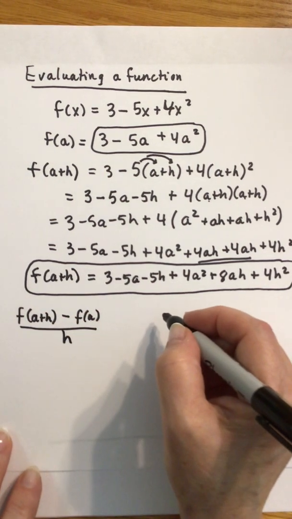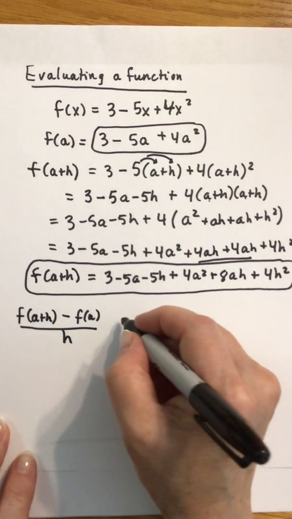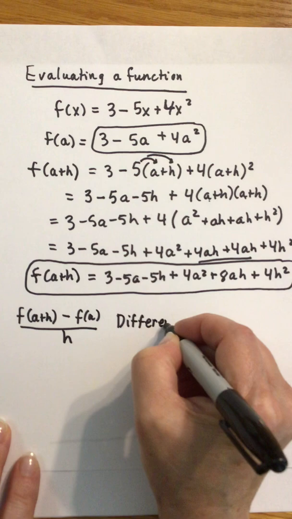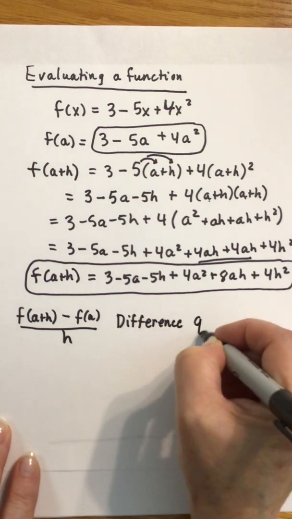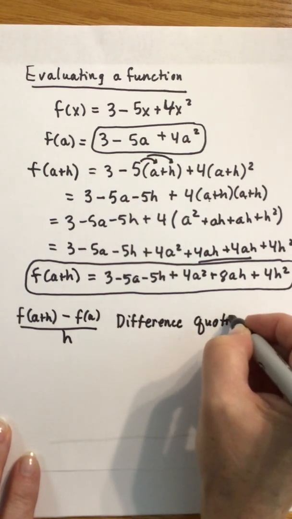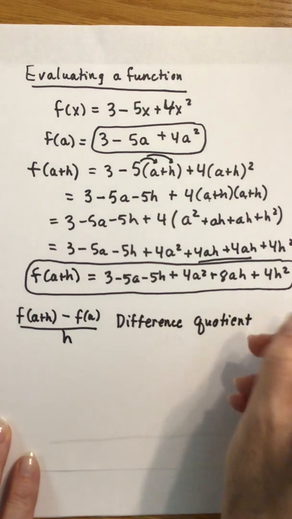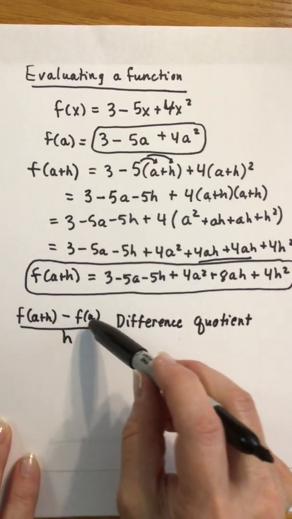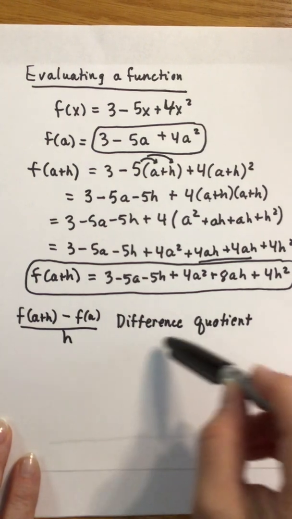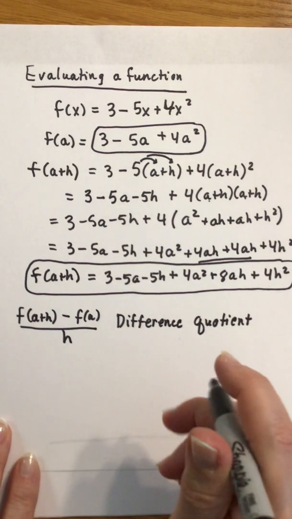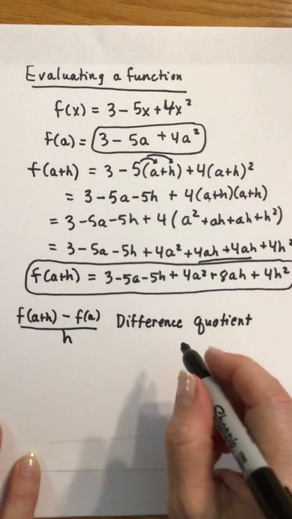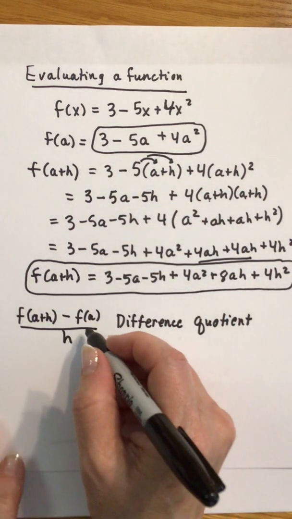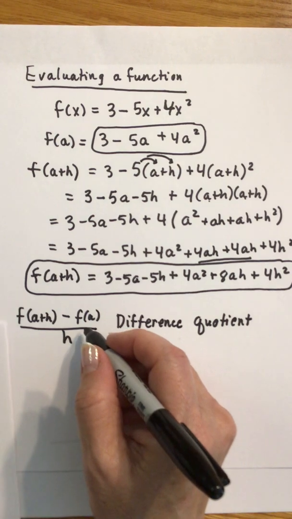This is called the difference quotient. Now, why do we call it a difference quotient? Well, difference means subtract, so we have a subtraction, and quotient means to divide, so we have it divided by h. So now basically what we're going to do is take these two things, plug them in down here for the difference quotient.